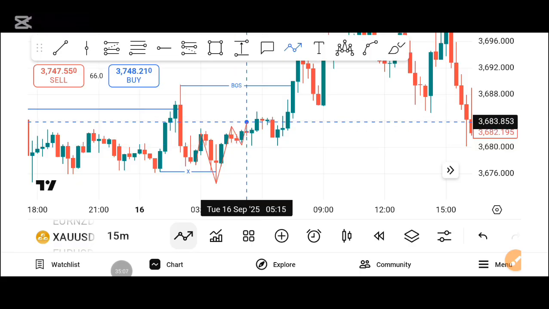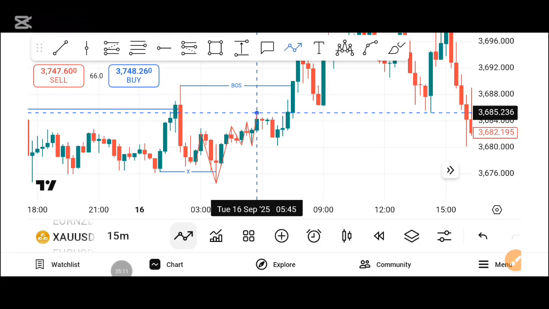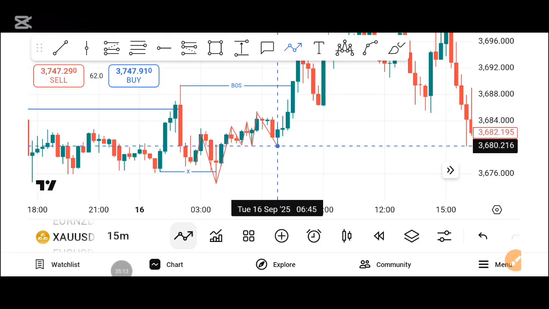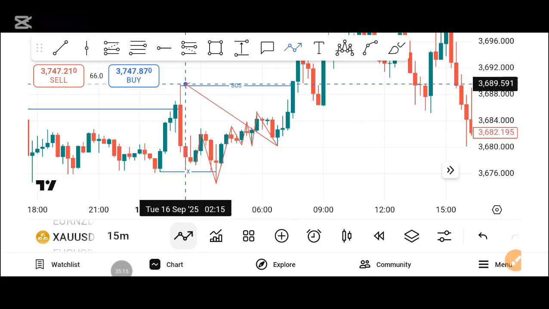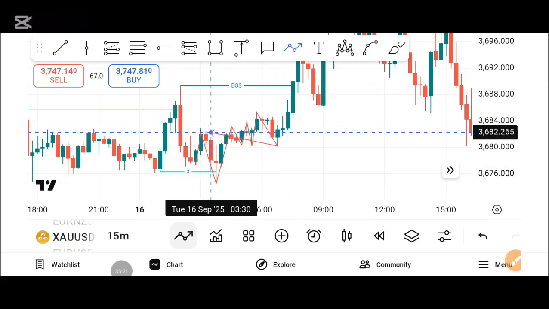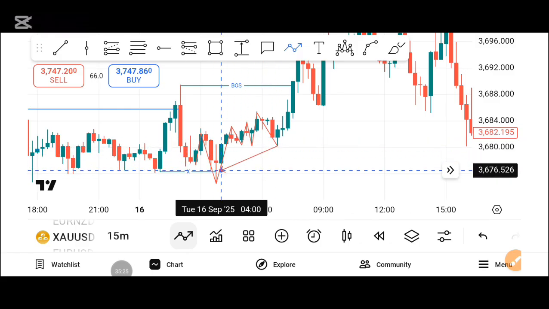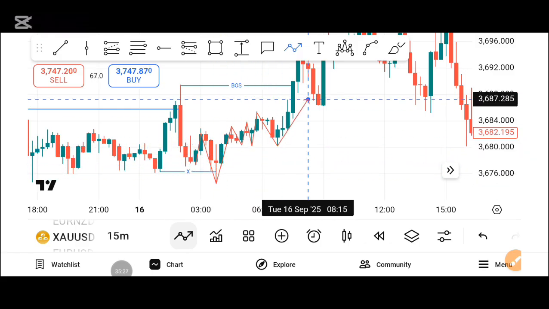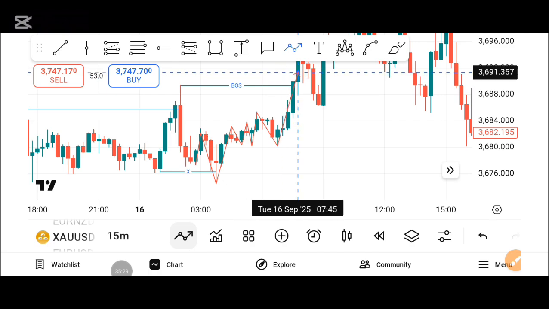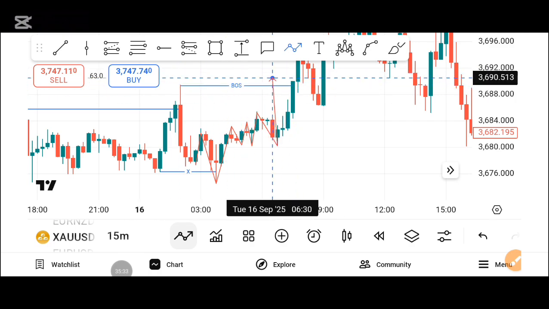These are all internal structure because everything here has not broken this high here that took out this inducement. So these are just internal structures until we have a valid break of this particular high, which is called your break of structure.